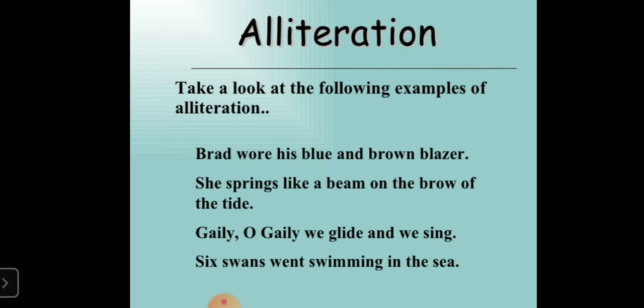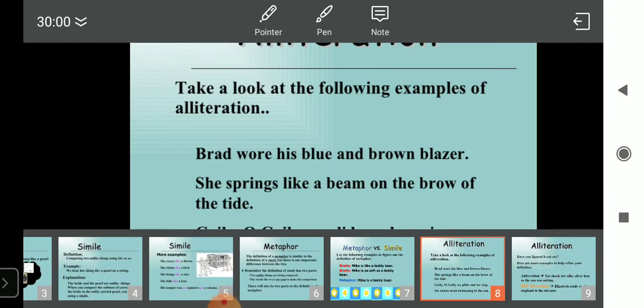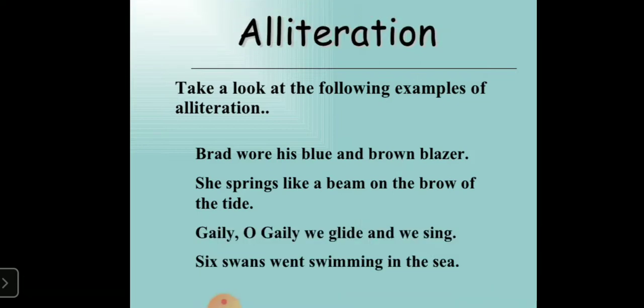So, beam, brow. Then, gaily, oh gaily, we glide, and we sing. Six swans swimming in the sea. So, what are these? These are the repetition of the consonant sounds.